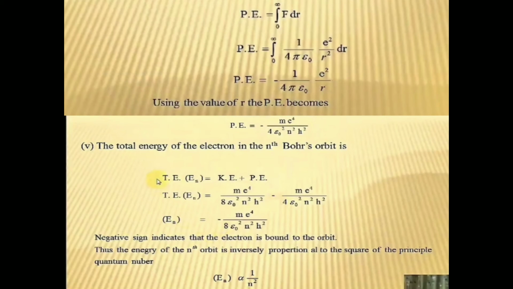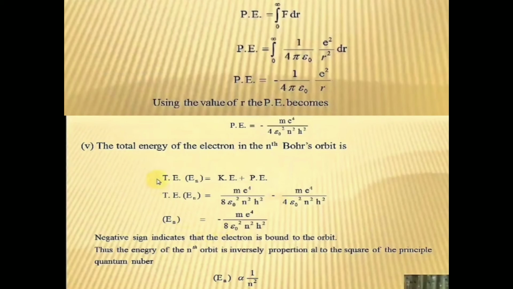So, keeping the integration term and taking out all constant terms, we will get potential energy equal to minus 1 upon 4 pi epsilon 0, e square divided by r. Using the value of r, the potential energy becomes minus me^4 divided by 4 epsilon 0 square n square h square.